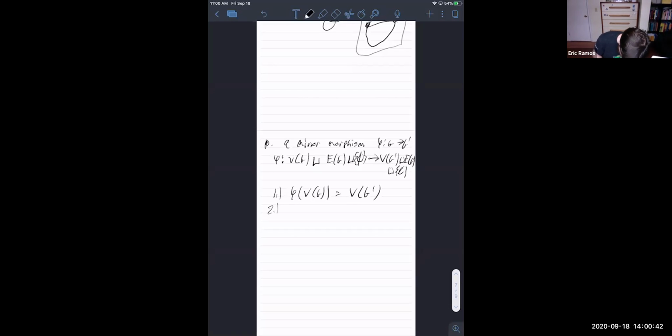Number two is that if phi of an edge is equal to a vertex, or phi of an edge is equal to another edge, then the endpoints of e do what you expect them to do.